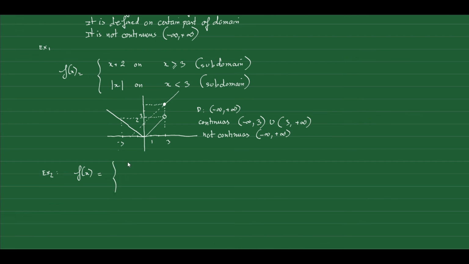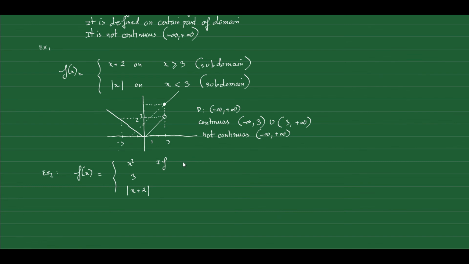What if you have x squared, and this is 3, and over here I have absolute value of x plus 2. This one you can define as a piecewise function.